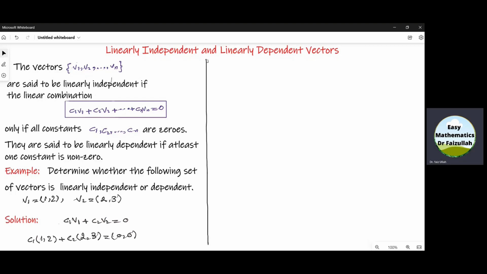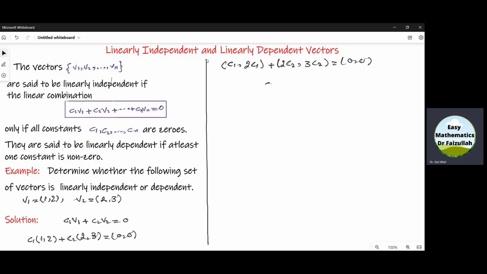Let us multiply C1, so we get C1, 2C1, plus multiplying C2, we get 2C2, 3C2, and this is equal to (0, 0).